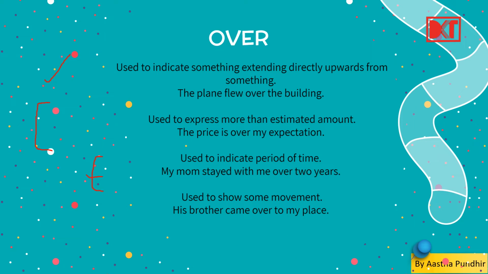His brother came over, coming over is like coming to visit. So this movement is movement to my place, to my house. All right, that's when we can use the preposition "over" to indicate something extending directly upwards from something, or to express something more than the estimated amount, or to indicate a period of time, or to show some movement.